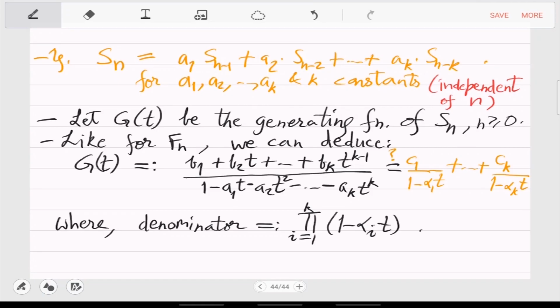Okay, so in general, will every polynomial have these k roots? Yeah, so prove this as an exercise that this is always possible over complex. Over complex, there exist roots alpha 1 to alpha k.